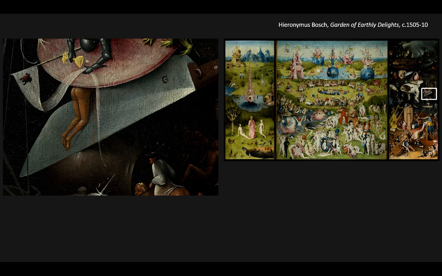Directly beneath him, we see a figure's body draped over the sharp edge of a huge knife. Again, there's this sense of these inventive and horrifying ways that we will be punished in hell. Make no doubt about it, the activities in the center lead toward this horrible fate.